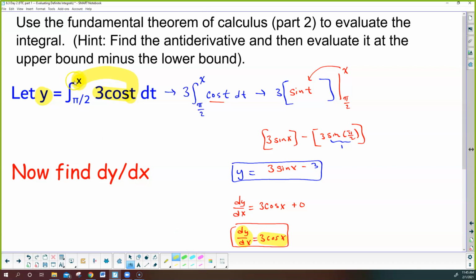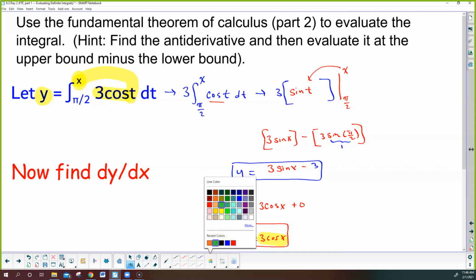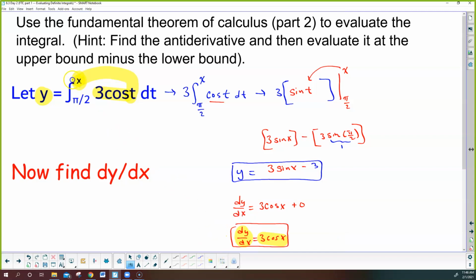Because what would happen if I change this to like a 2x? Okay, don't write this, but watch what happens. What if I plug this in as a 2x? So I make this a 2x, and that's a 2x, and then I would put a 2x right here. Right? That's a 2x. And then when I evaluate that, I would get a 2x here.